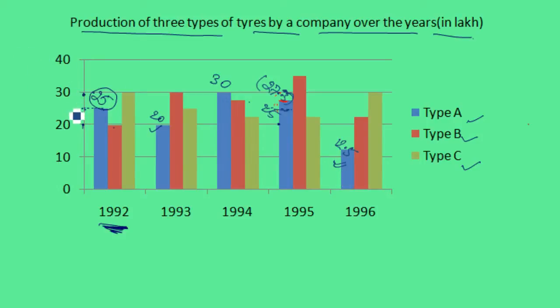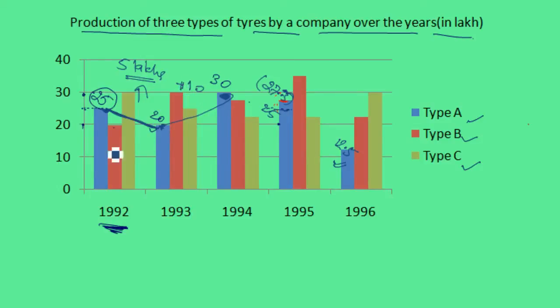First thing we can see is that in 1992 it is 25 lakhs and in 1993 it is 20 lakhs. So there is a drop in production of 5 lakhs. This is the first thing we can find out. Likewise from 93 to 94 there is an increase of 10 lakhs.